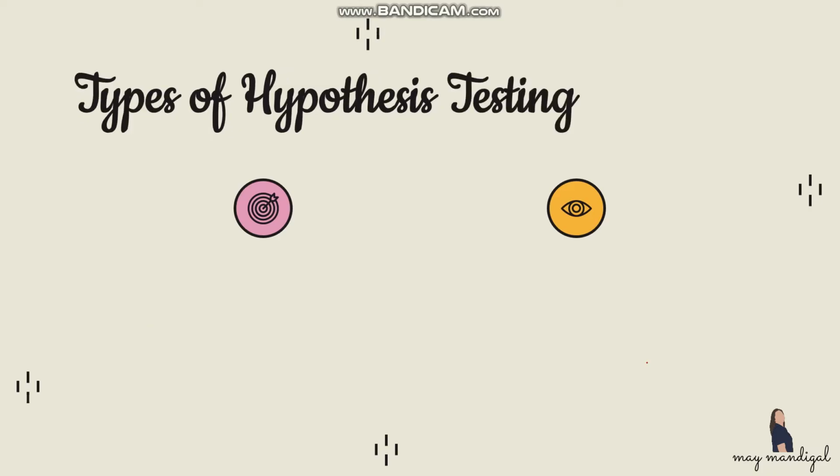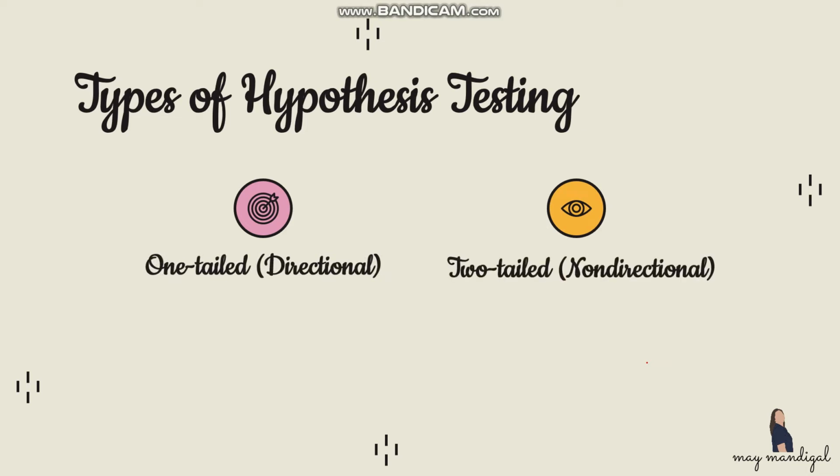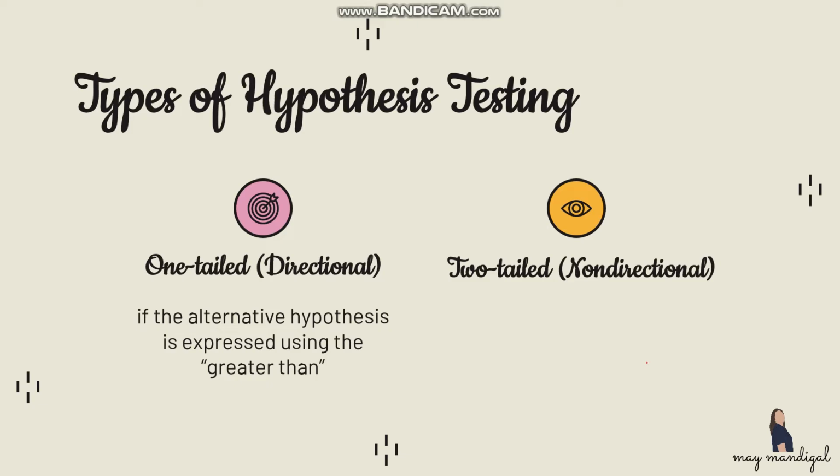Now, there are two types of hypothesis testing, and it can be seen through our alternative hypothesis. First is the one-tailed or directional, and we have the two-tailed or non-directional. For one-tailed, if the alternative hypothesis is expressed using the greater than or less than symbols, then we can say that it is one-tailed.